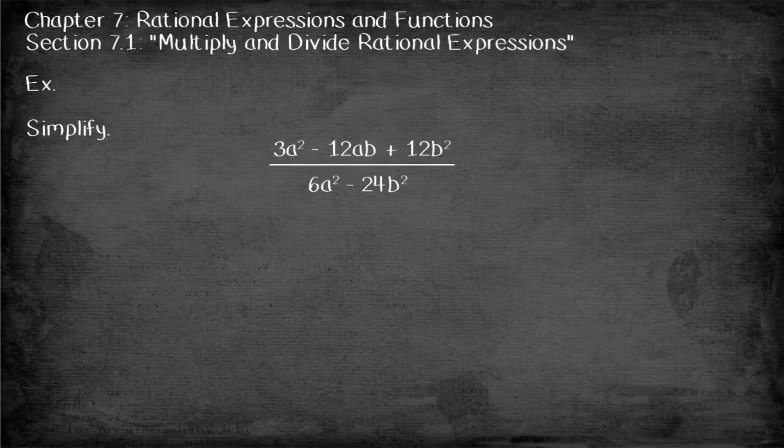Okay, let's see if I can't factor this guy. Upstairs, I have a common factor of 3, so I can actually factor that out. And downstairs, I have a common factor of 6.